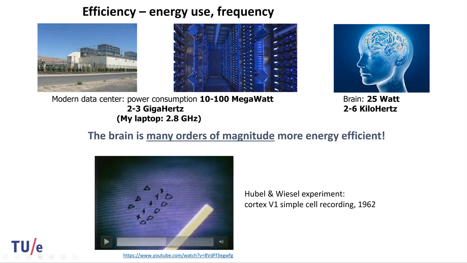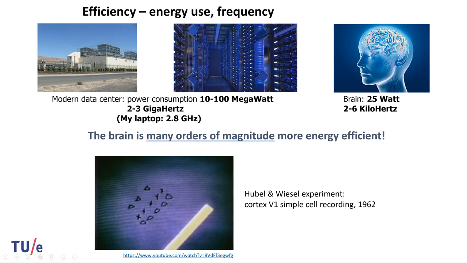This was a stimulus that they gave to a cat, and they recorded from a single cell in the visual cortex. What you hear is a very low frequency, 2 to 6 kilohertz, of this firing. And that's pretty amazing. My laptop is 2 to 3 gigahertz. And the most amazing thing is that my brain is only using 25 watts of power.